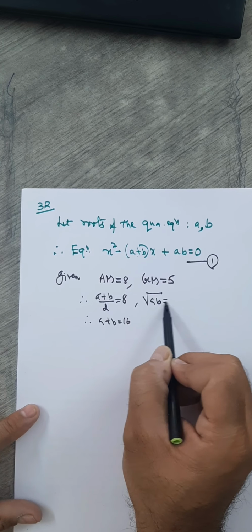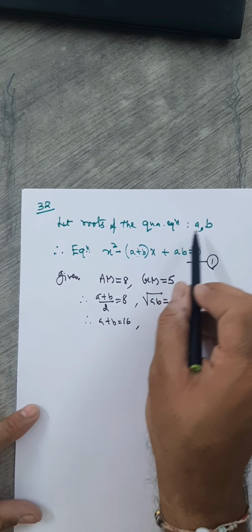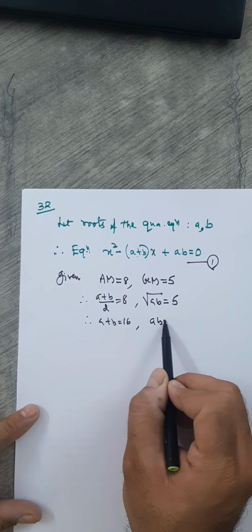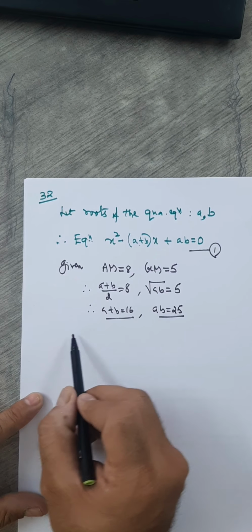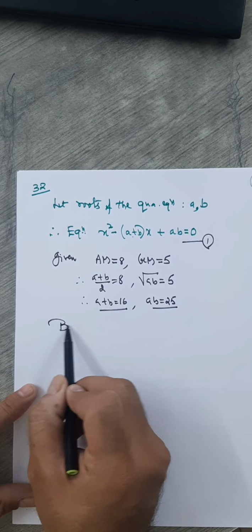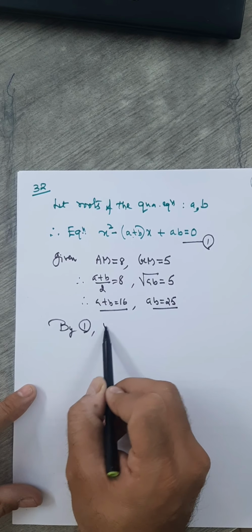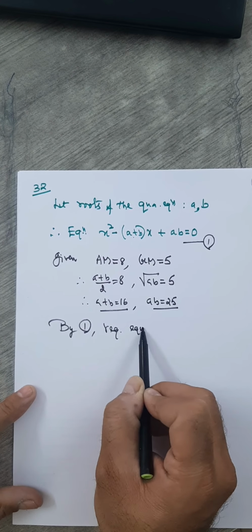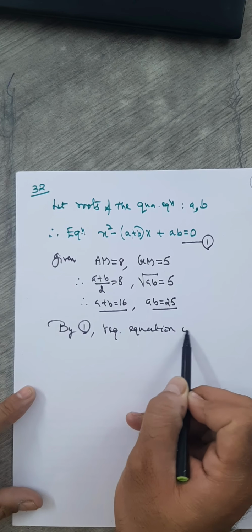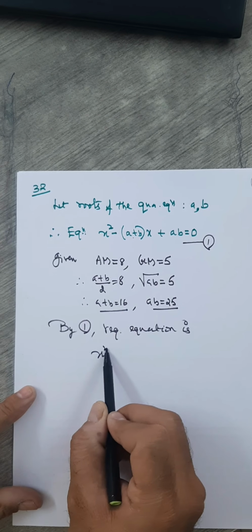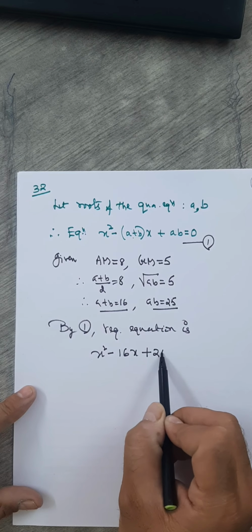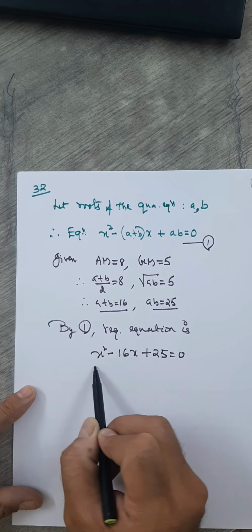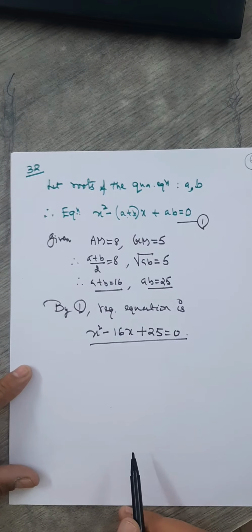Geometric mean is root AB, which is 5, so AB equals 25. And therefore by 1 you will get the required equation. By 1, required equation is x squared minus, what is A plus B? 16x plus 25 equals 0. This is the required equation.